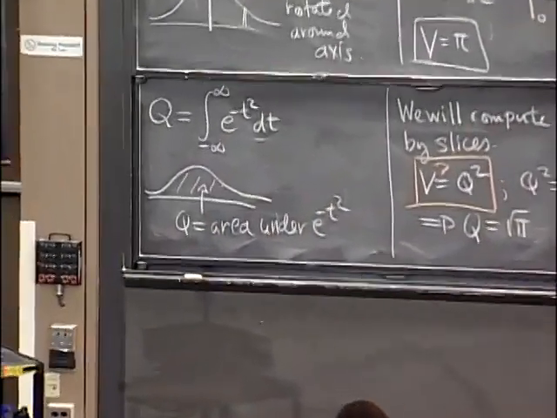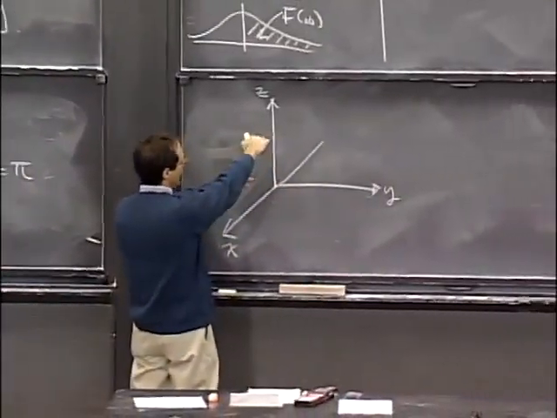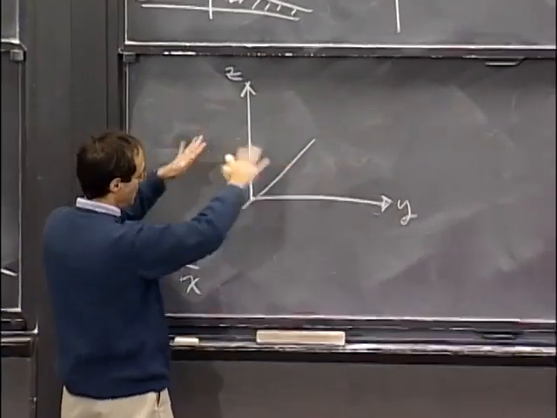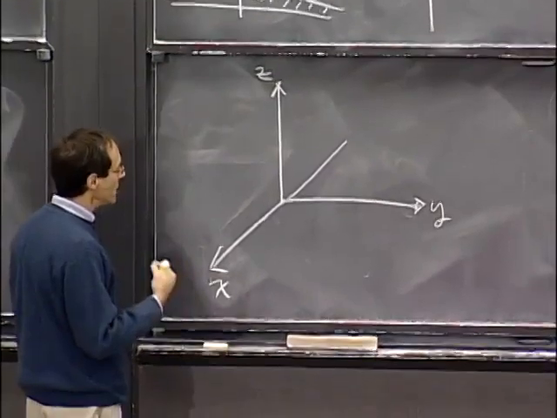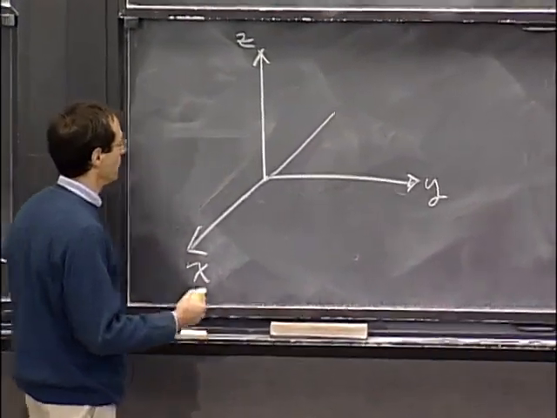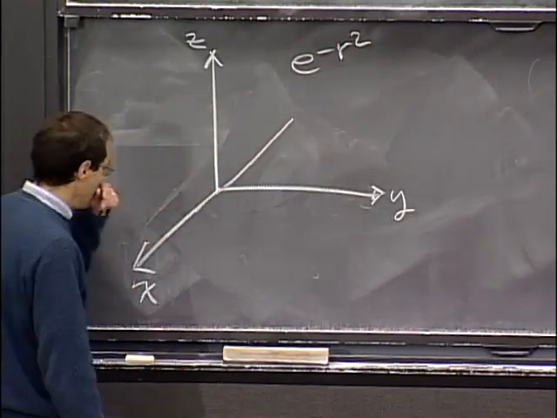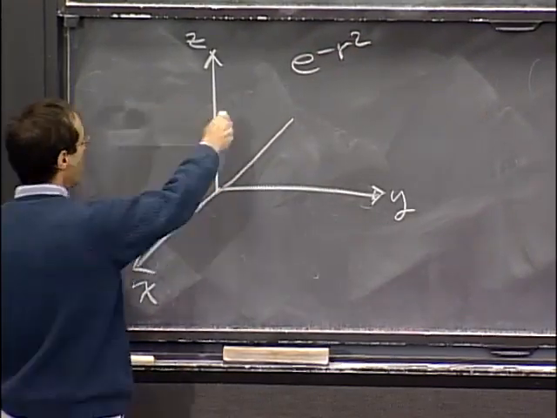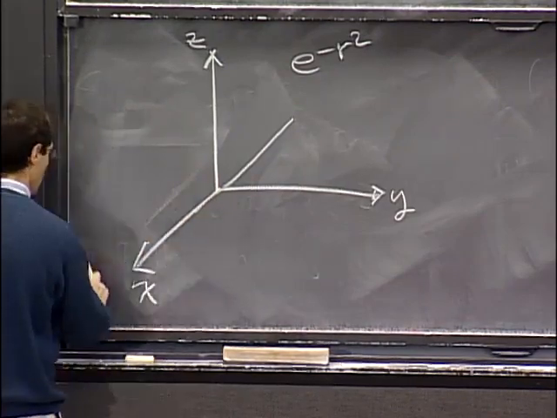Now, the distribution, or you could think of this target in the plane where the most likely places to hit were in the middle, and it died off as we went down. Now, I want to draw a picture of this graph. I'm going to draw a picture of e to the minus r squared. And it's basically a hump. So I'm going to take the slice along y equals 0.